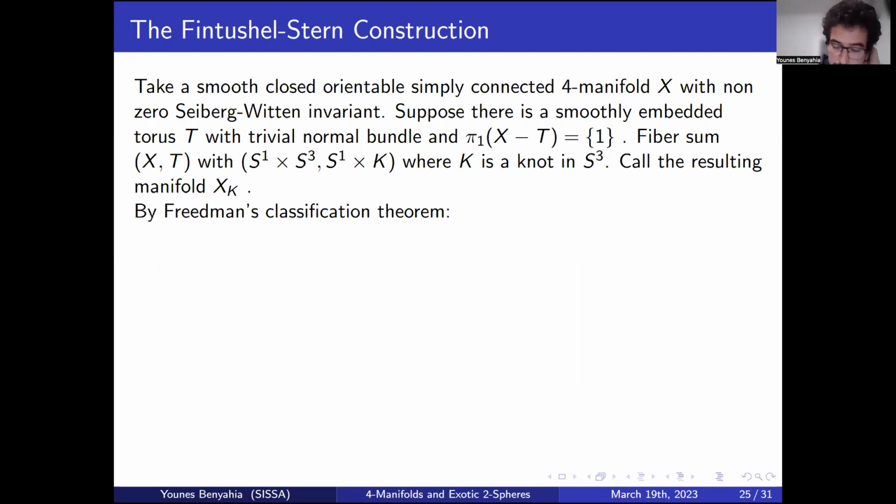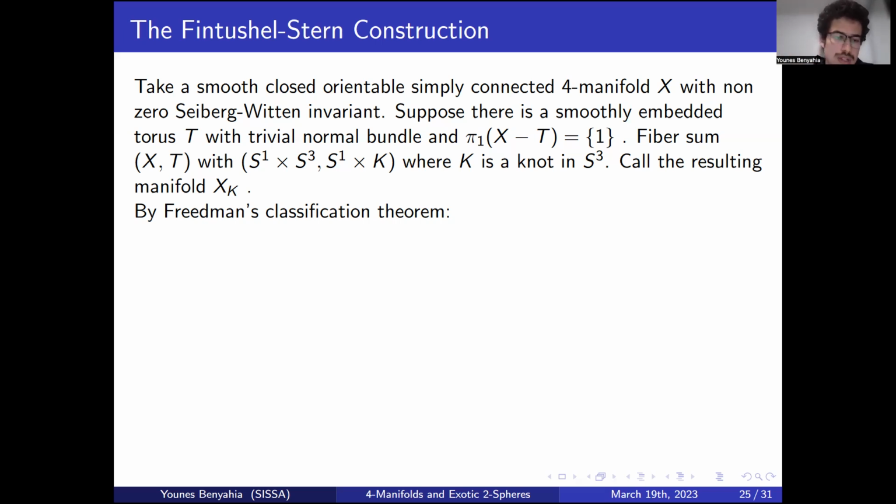You fiber sum X and T with S1 times S3, but with the torus coming from S1 times the knot in S3. This manifold we call XK. So you take X and fiber sum it with S1 times S3, where the torus you are choosing is S1 times a knot.